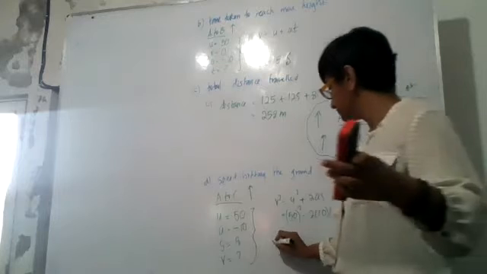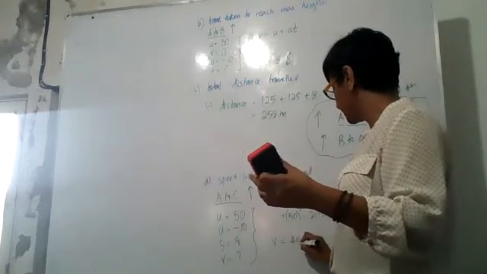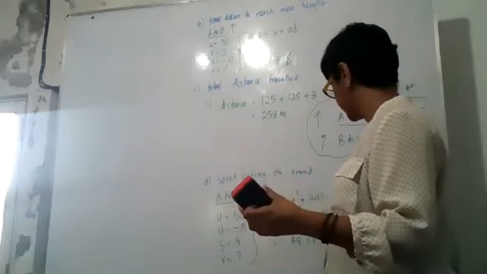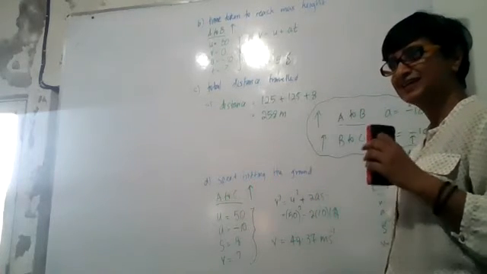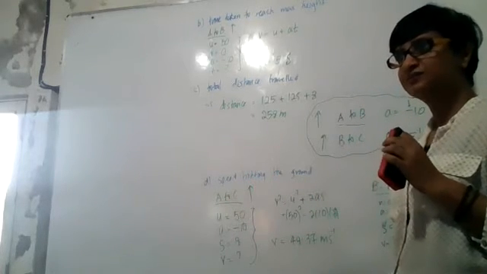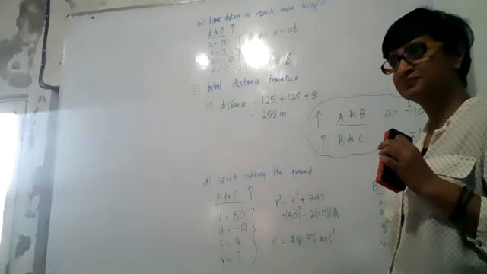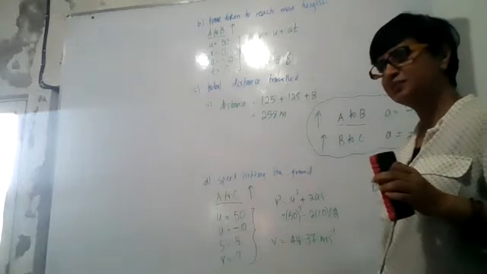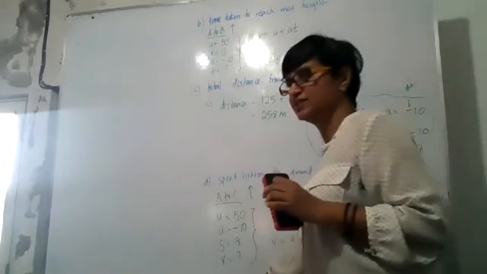What was your answer? 48.37. How did you get it? If you put it separately, because we are subtracting it, separate figures, we are finding the velocity now?